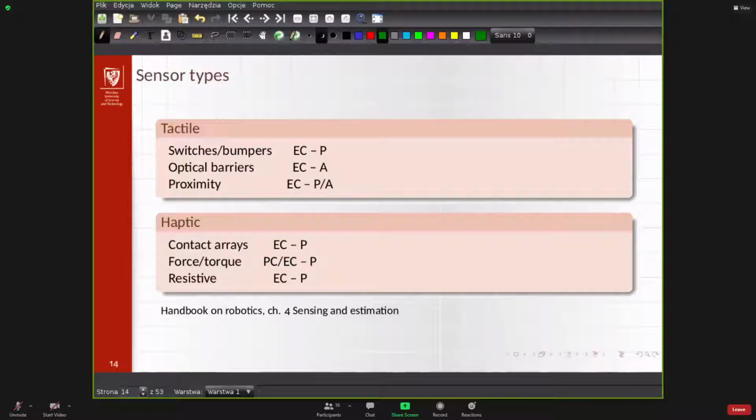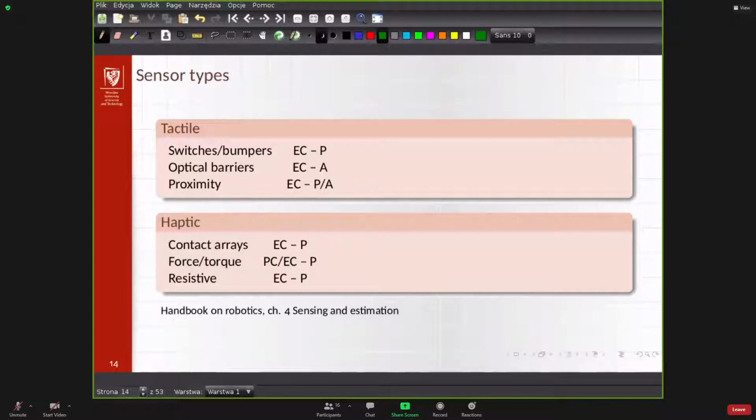Then we can have haptic sensors. Haptics means that we are trying to perceive the force applied from an external source. So not only the fact of touching, as we have in the first group, but also the value of this touch.